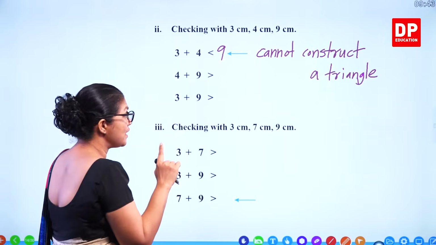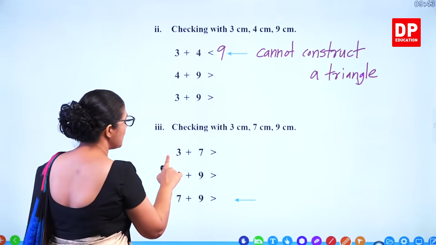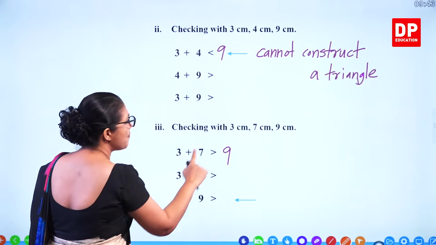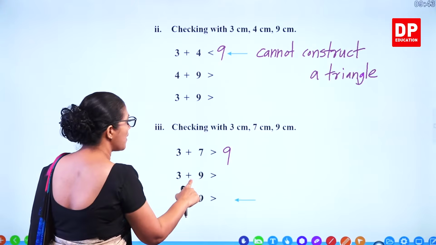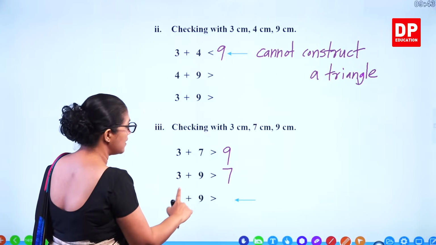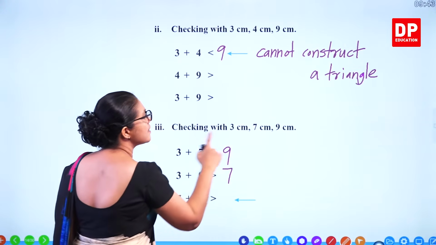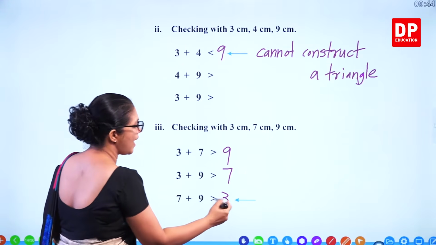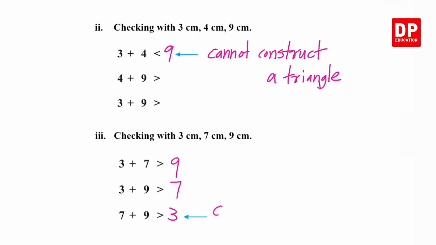Now check with 3, 7, 9. 3 plus 7 is 10, and 10 is greater than 9. 3 plus 9 is 12, greater than 7. 7 plus 9 is 16, greater than 3. So you can draw the triangle. We can construct the triangle.